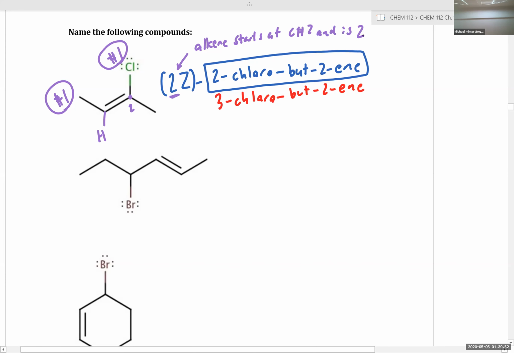Does that make sense to everyone? Does everyone understand why we need to specify stereochemistry in this case? Because we have an alkene with enough different substituents on each side. In cases where we have multiple substituents, Z is saying that our high priority groups are on the same side of our alkene.